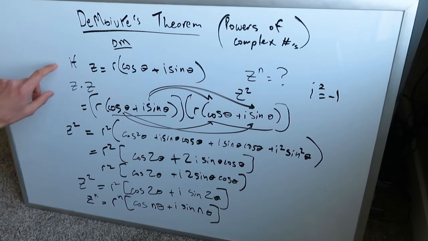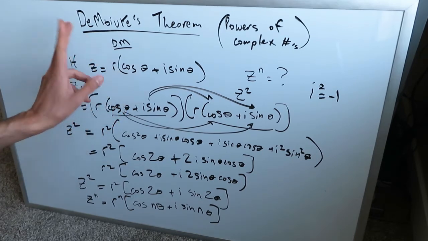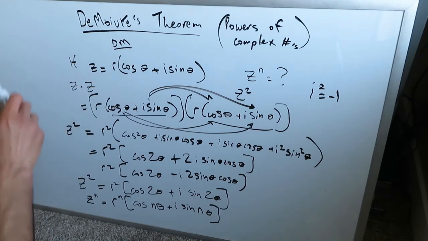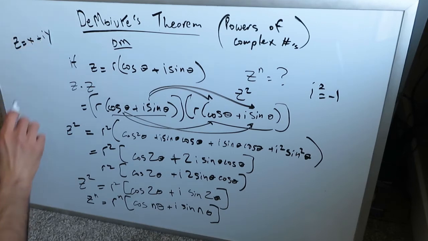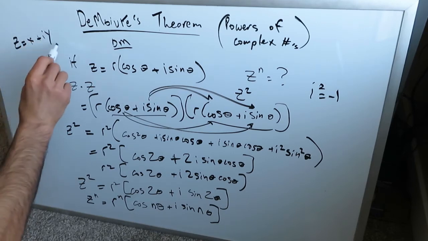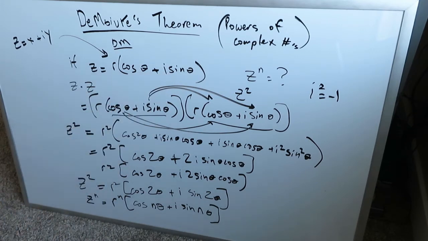Remember, I showed you this using a complex number which would ideally have started you with something like this: z is equal to x plus iy. You remember how we can convert that into the trigonometric or the polar form. When you're given a question which looks like this, you convert it into the trigonometric or polar form.